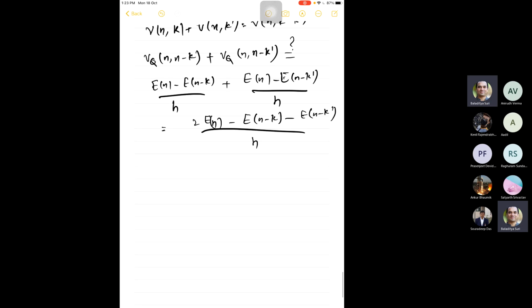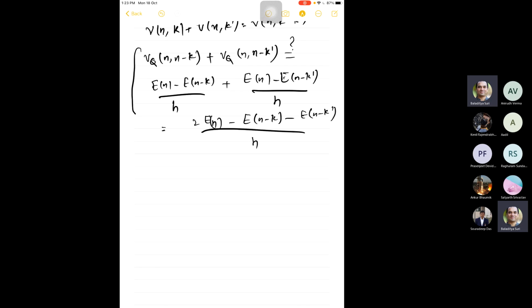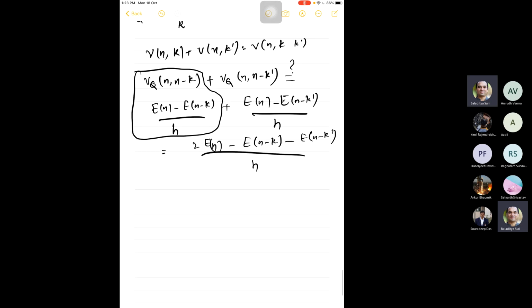So let us now look at the properties of this. The ν_q is basically this quantity, okay? So in the classical case, we relabeled the quantities in such a way that ν(n,k') plus ν(n,k-k') eventually gave us ν(n,k) classically.